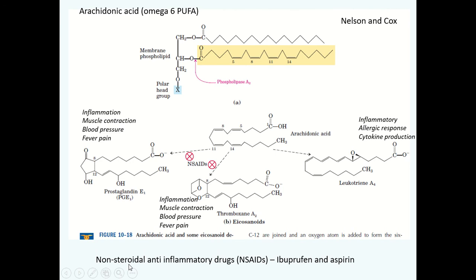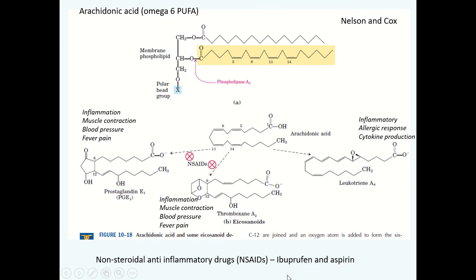There's a group of compounds called non-steroidal anti-inflammatory drugs, abbreviated as NSAIDs. NSAIDs are drugs which inhibit the conversion of arachidonic acid into these mediators of inflammation. These mediators are also important for fever and pain.